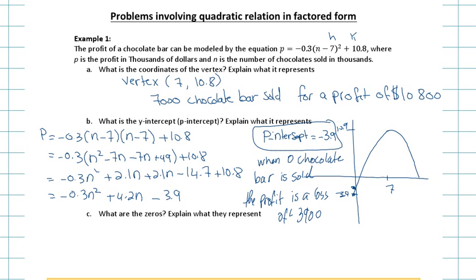And you guys know where I got the $3,900 from? It's 3.9 times 1,000, right? 3.9 times 1,000, that's $3,900. Are we okay with that?